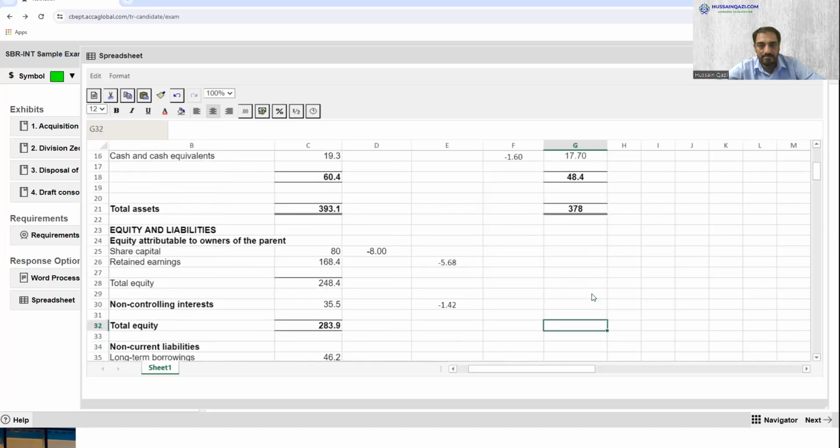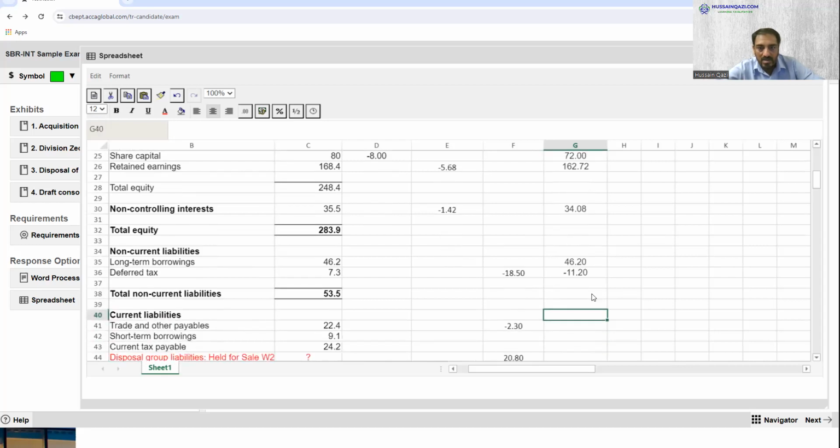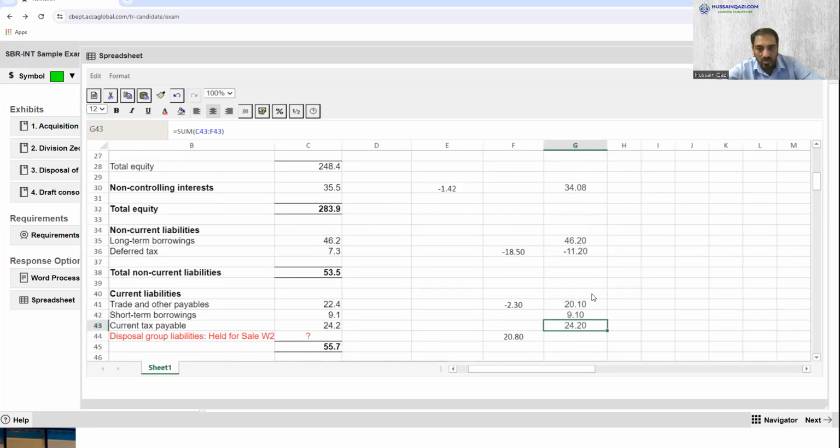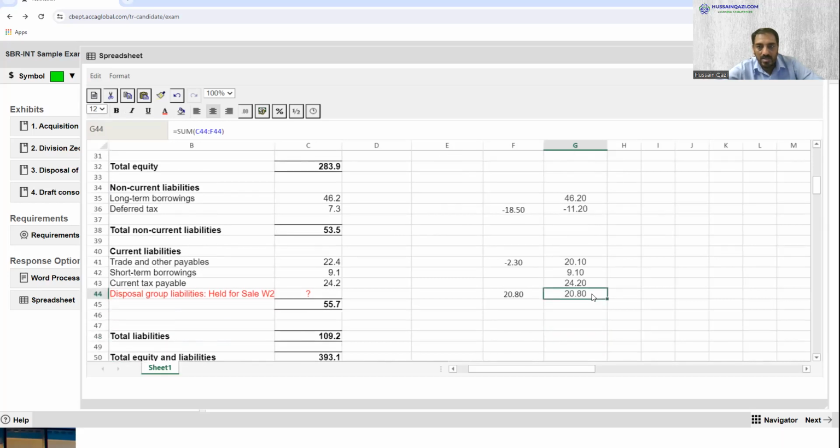Control C, Control V, here Control V, non-current liability, Control V. Yes, come on.